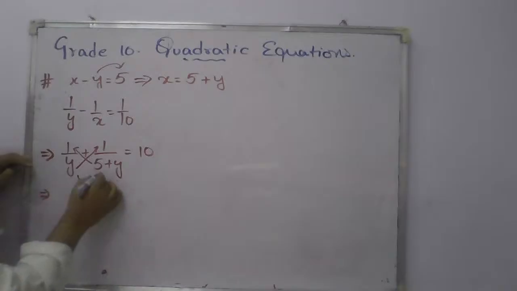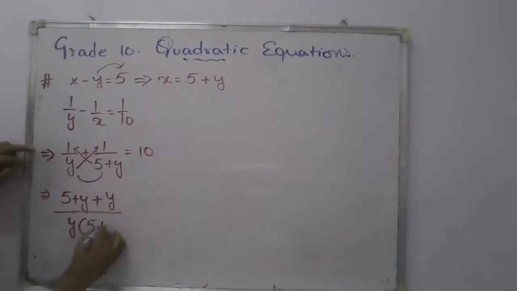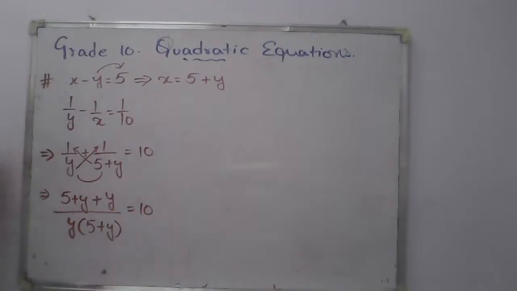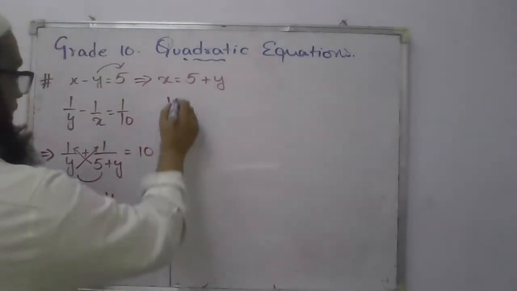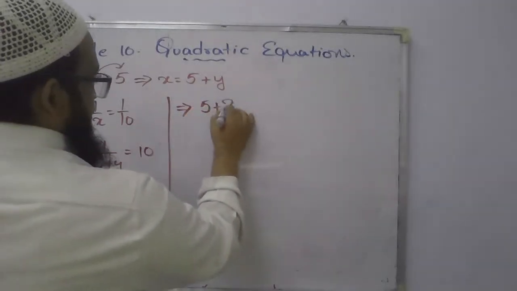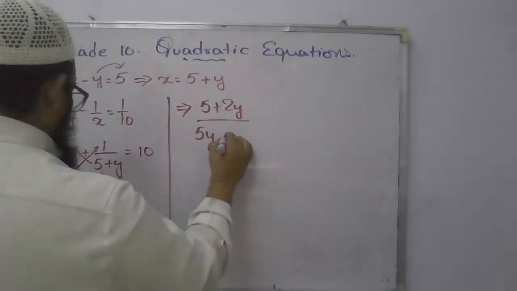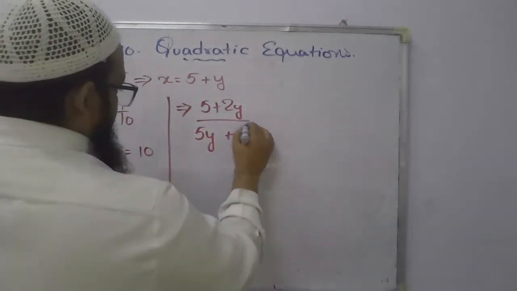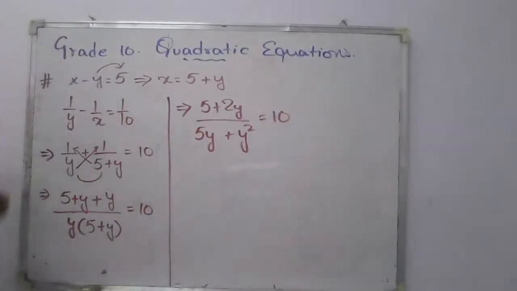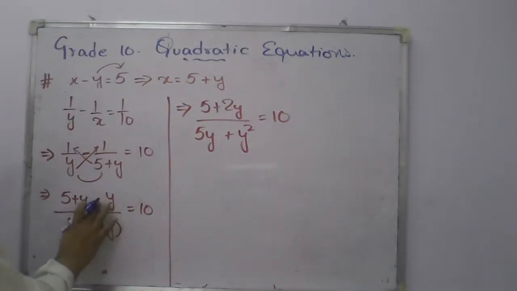That implies 1 into 5 plus y, minus 1 into y, divided by y times 5 plus y equals 1 by 10. So that implies 5 divided by y into 5, 5y, plus y into y, y square, is equal to 1 by 10. Sorry, it's minus, right? It's minus.